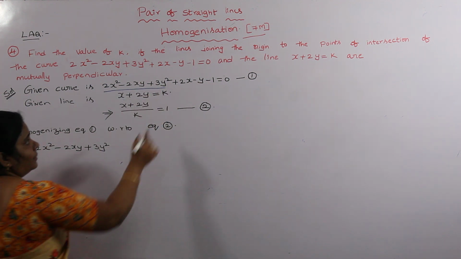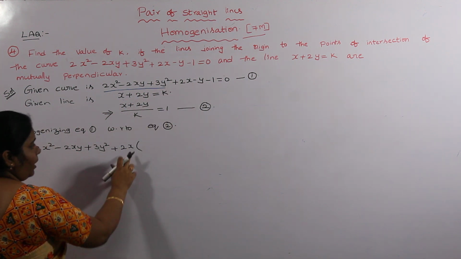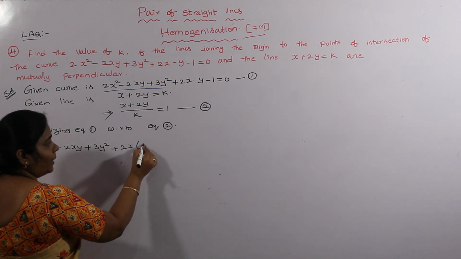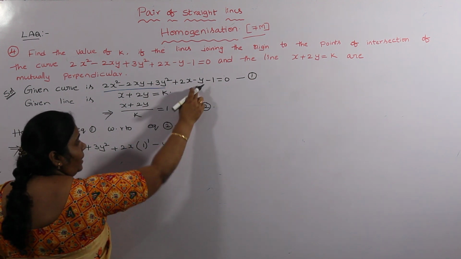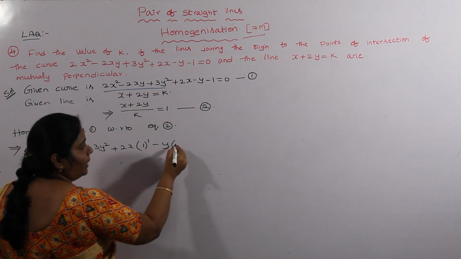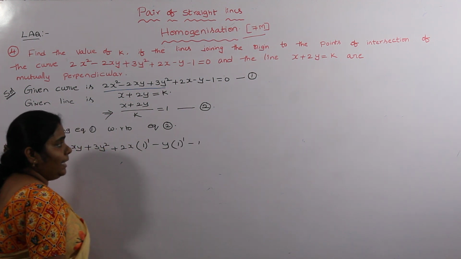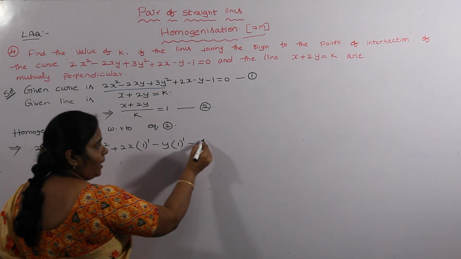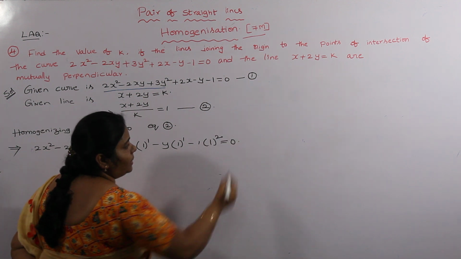Here in 2x, the power is only 1, so we add one more power, that is 1 power 1. Minus y, here also we have power 1, so we add one more power, that is 1 power 1. Minus 1, here there is no extra term, so we add 1 power 2. That is equal to 0.